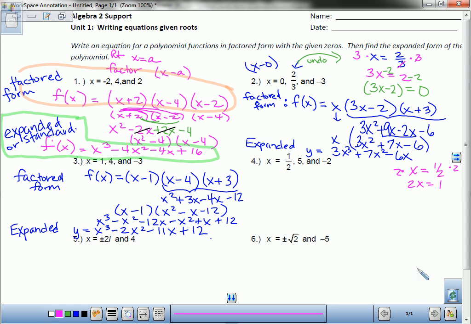And then what do I do with that 1? Move it over, subtract it over. So my first factor in factored form is going to be 2x minus 1. And then my next factor is x minus 5. And my next factor would be what? X plus 2.